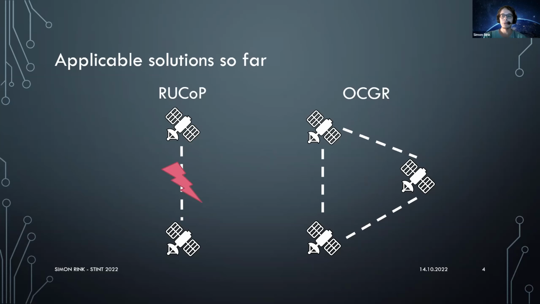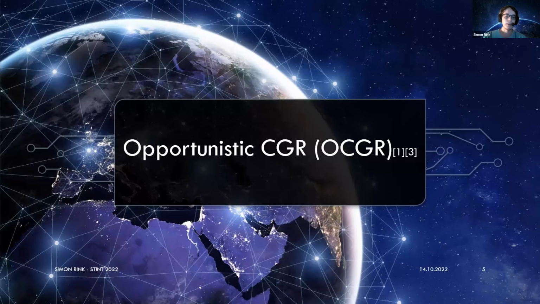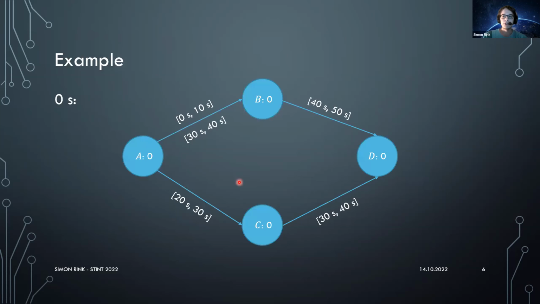So let's start with opportunistic CGR, or short OCGR. At its core, OCGR essentially works just as CGR in terms of the routing decisions. So we still work with a network where we have the satellites and the individual contacts. The main addition is that we also include so-called opportunistic contacts, that means contacts that were unknown before, into our decisions.